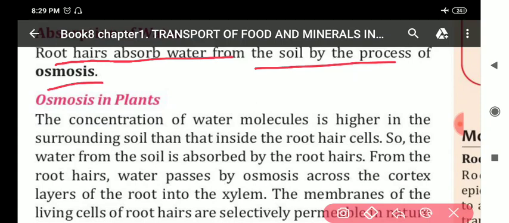Now, you can see that outside the root hair there is a high concentration of water. We pour the water in the soil. So, outside the root hair there is a high concentration of water, and inside the cell there is a low concentration of water.